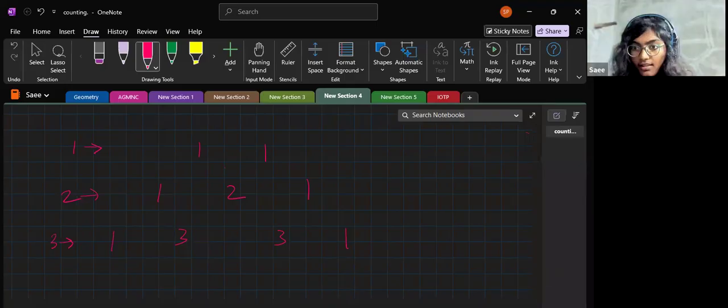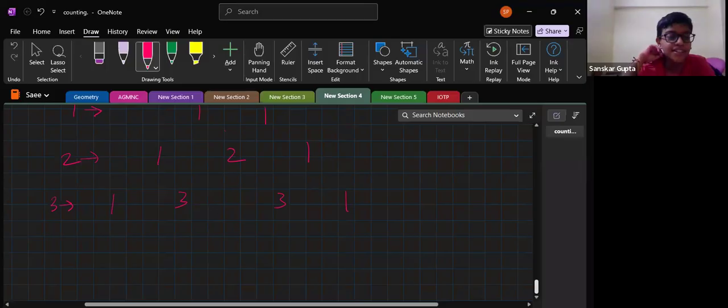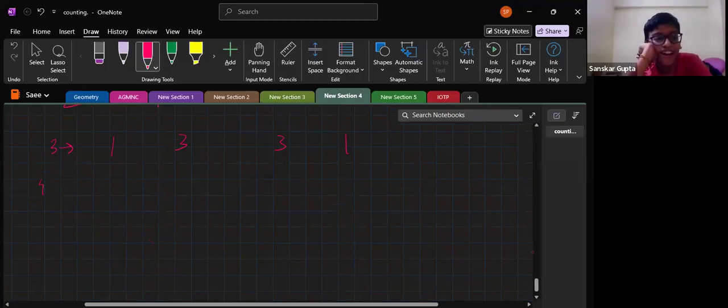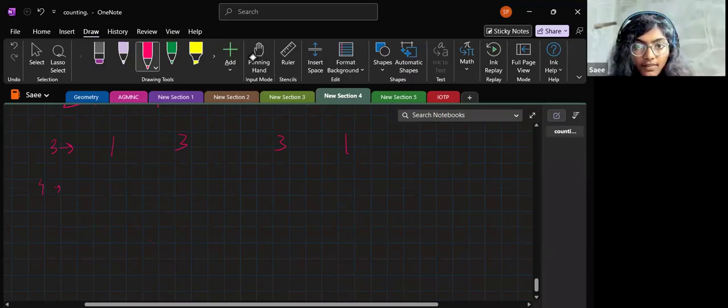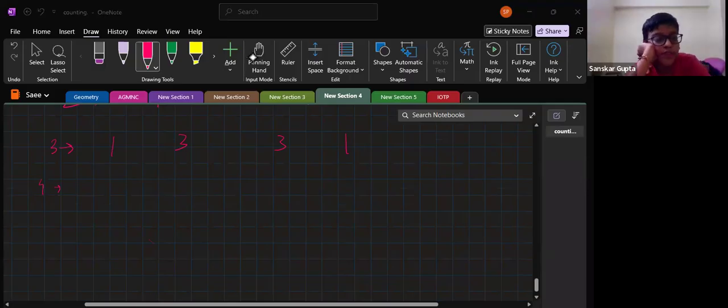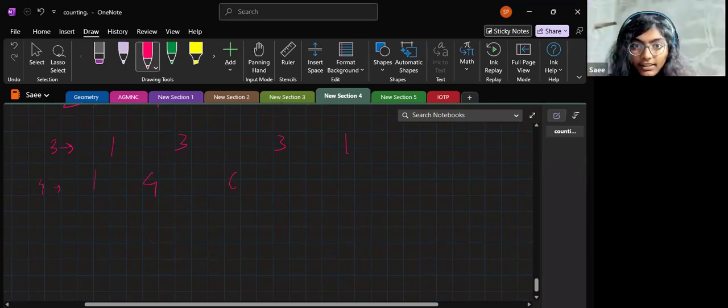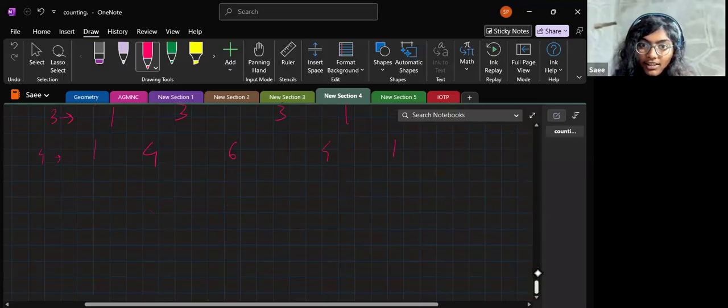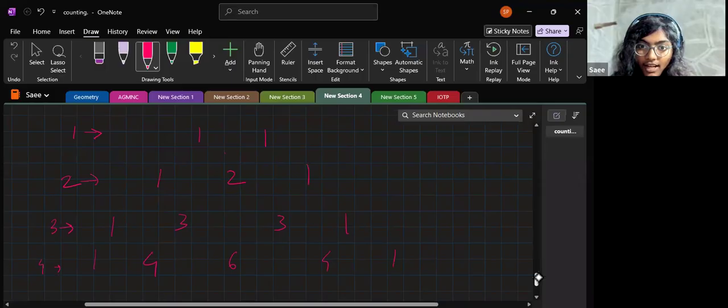And then, constructing a Pascal triangle, what happens for 4? It's 1, 4, 6, 4, 1. There are a lot of cool things you can do here just by looking at this triangle.